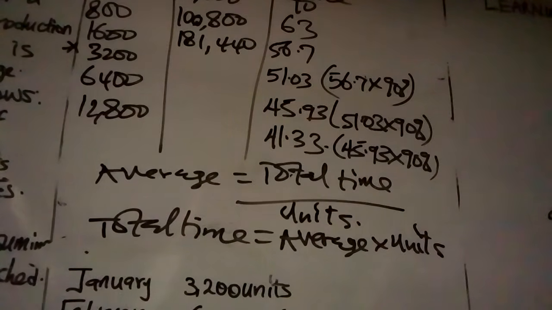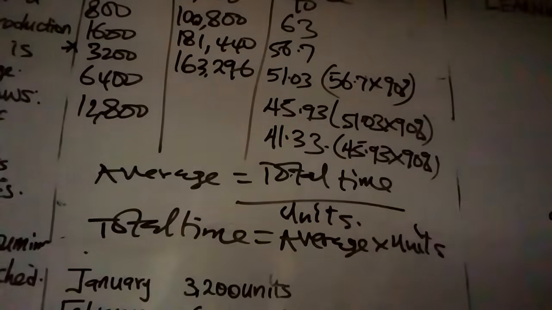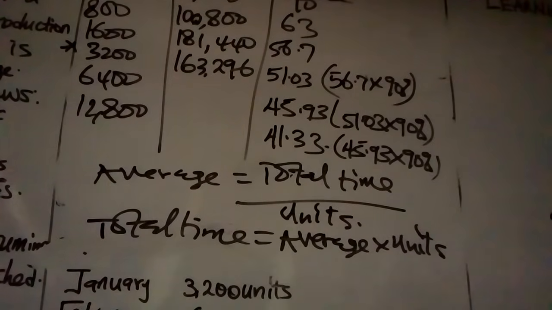So now, if you have 3,200 times 51.03, then you have 163,296. Sorry, I didn't calculate the cumulative output. I need the cumulative because I was rushing.